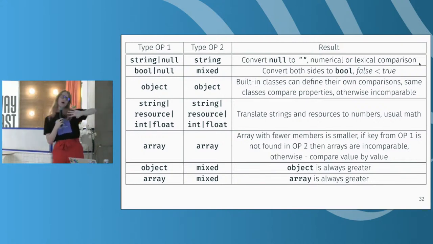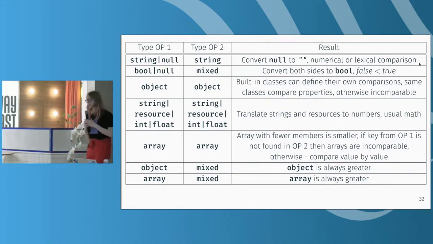Arrays with fewer members are smaller. If a key from the first operand is not found in the second one, then they are incomparable. Otherwise, you compare each entry by value. An object compared with anything is meant to be always greater. An array with everything else is also meant to be always greater.